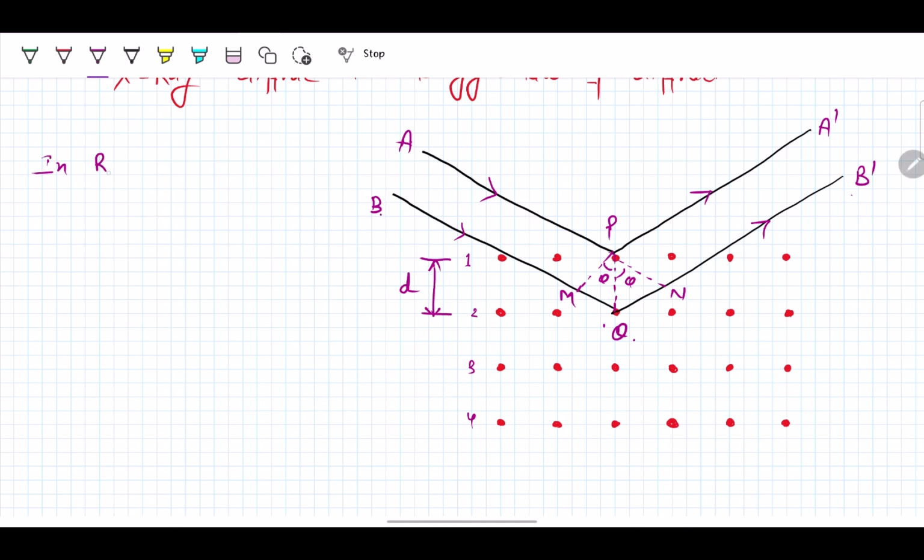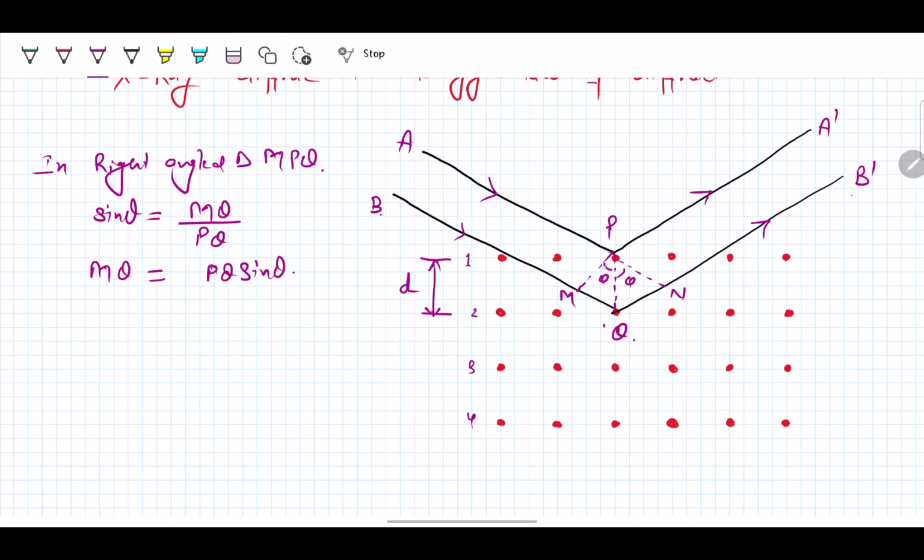In right-angled triangle MPQ, we can find sin theta equals MQ over PQ. From here MQ equals PQ sin theta, and the value of PQ is d. So MQ equals d sin theta.